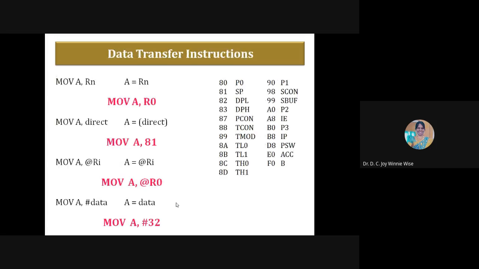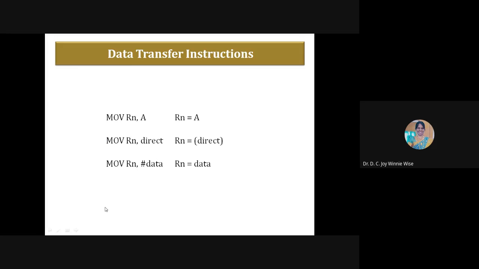So data transfer instruction. We have move instruction. Here the destination is accumulator, and the source will be RN, direct, @RI, and hash data. Next group of instructions: the destination is RN and the source is accumulator, direct, and hash data.